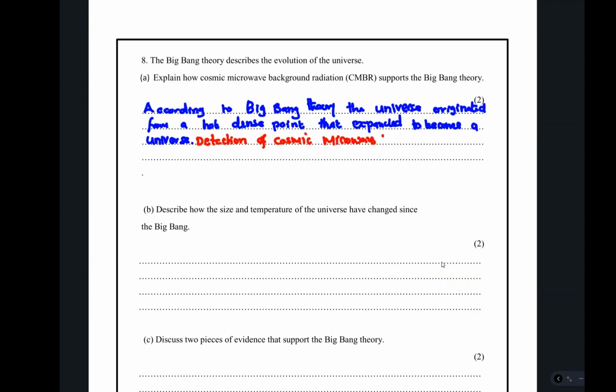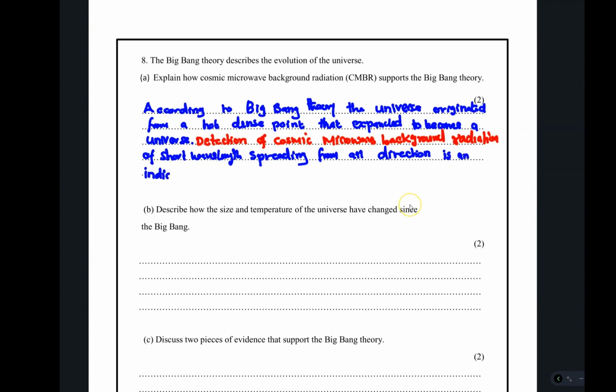Detection of cosmic microwave background radiation of short wavelengths spreading from all directions serves as evidence, as an indication that they might have been created during the Big Bang, during the explosion.